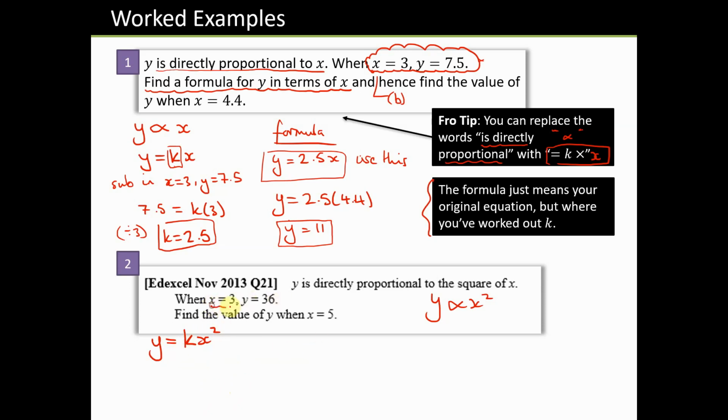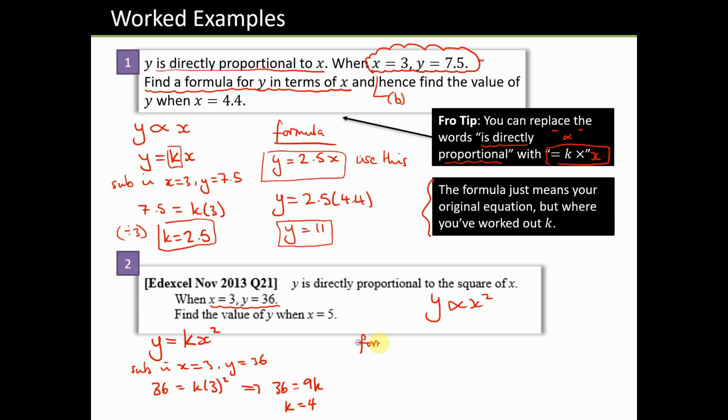Then I've got my two values. I'm going to sub in my two values. So when y is 36, x is 3. So here I've got 36 equals 9k, and then k is going to equal 4.